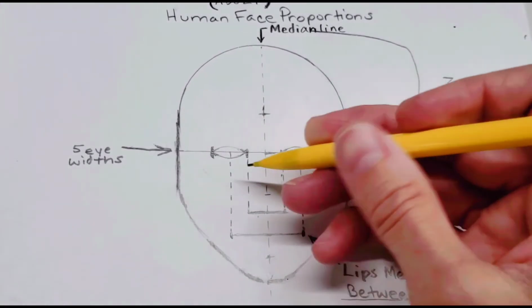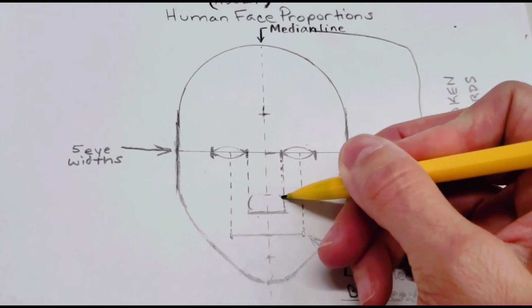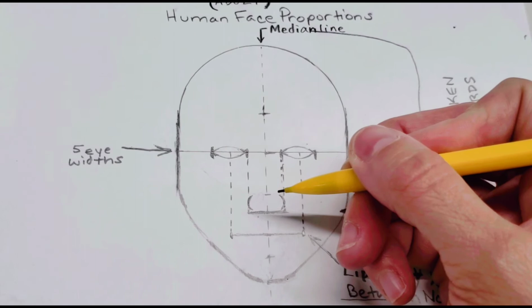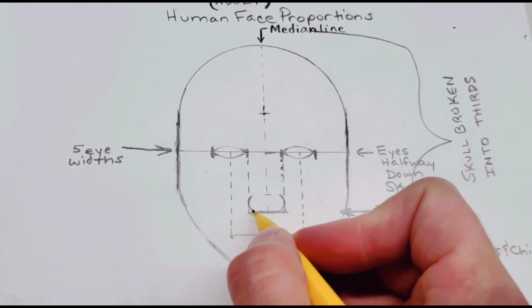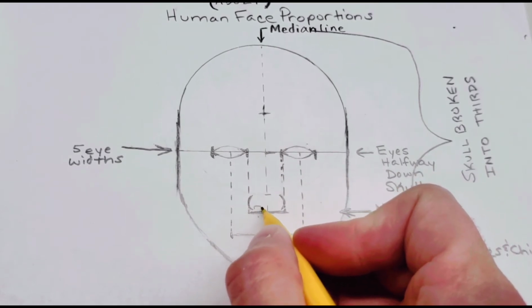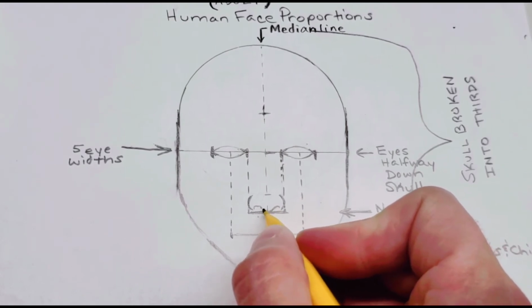It rests above it. So I'm going to just do a little parentheses, just like this. Those are the 2 lines that we talk about in grammar and English. And then 2 half circles for nostrils connected by a curve. So here's a nostril, a little half circle, here's a nostril, and they're connected by a little curve underneath.